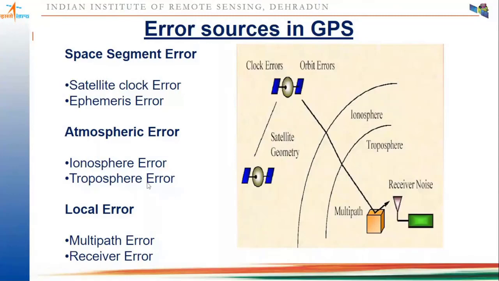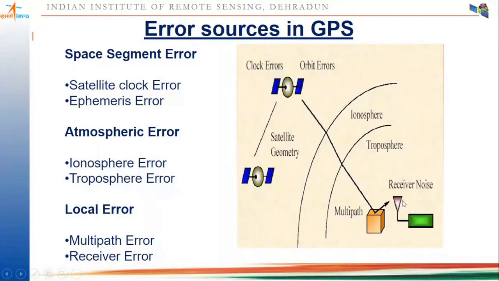Local error, in the sense of a receiver error. The receiver also has some clock error, or receiver side error can be there. It may not be able to do precise measurements. And then we have another error, which is multipath error. Multipath means the signals are reflected from surfaces or buildings and then reach the receiver.